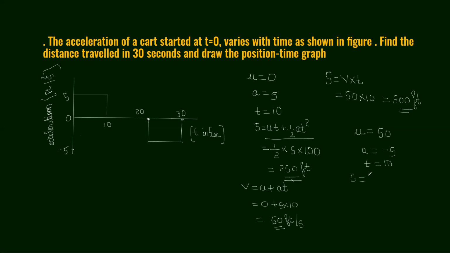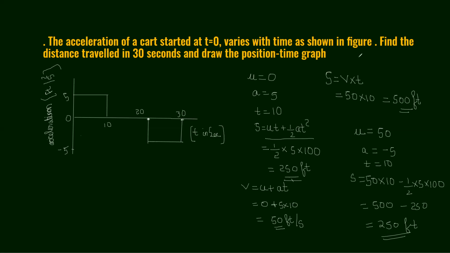So ut means u is 50 times 10, that is 500, minus half into 5 into t square, that is 10 square, 100. So we got 500 minus 250, that is 250 feet.